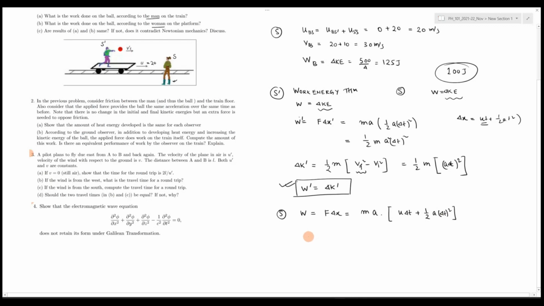Now if we try to write delta k, that will be half m vf square minus vi square. Again we will substitute. If you see, both W and delta K will be the same from S also.